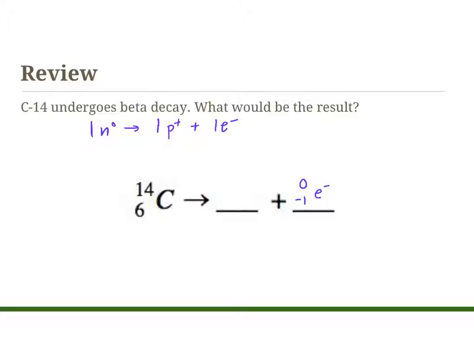I also know that I have one proton being produced, which means that my atomic number is going to increase by 1, so that's going to become 7. The mass number is going to stay the same, so that's going to be 14. And so that's going to tell me that my element is, now I'm going to locate element number 7 on the periodic table, and that's going to be nitrogen.